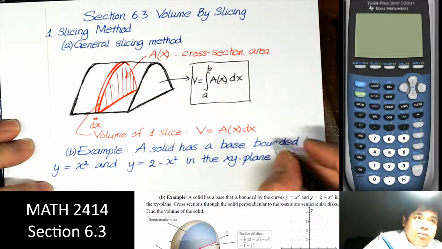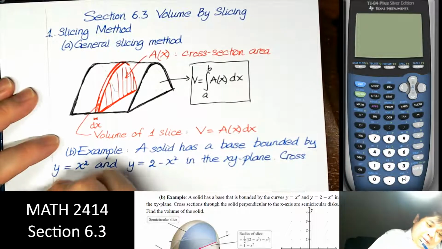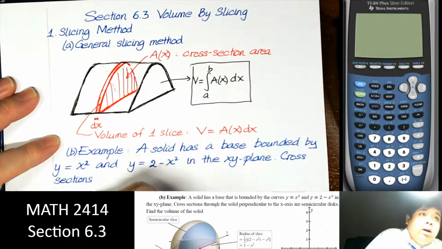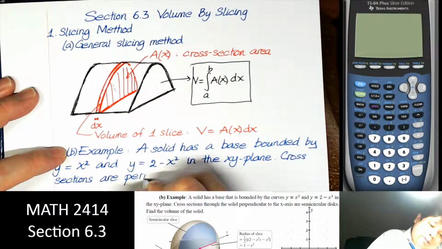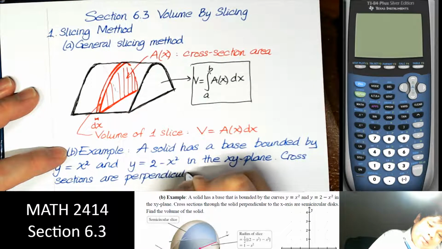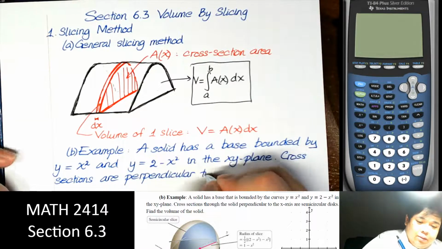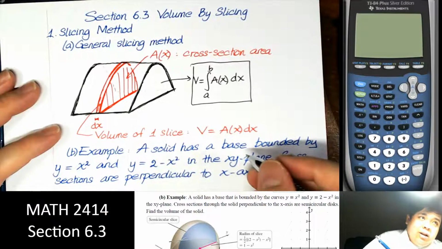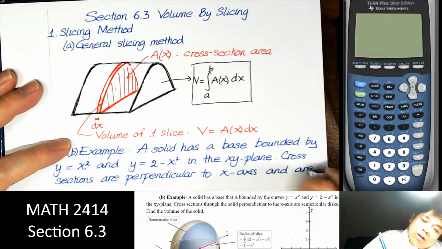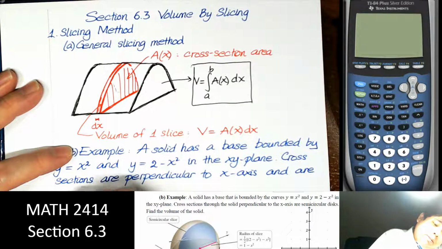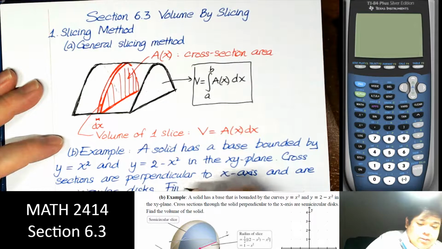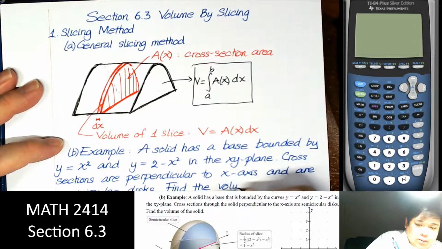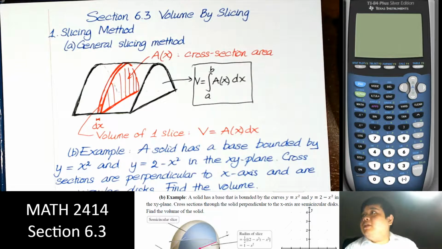Cross-sections perpendicular to the x-axis are all similar semicircular discs. Find the volume.